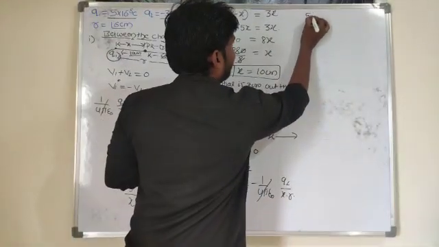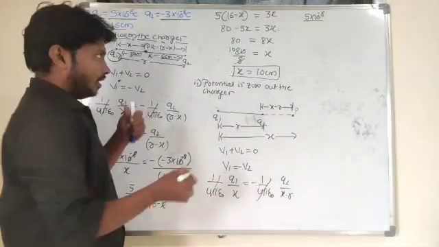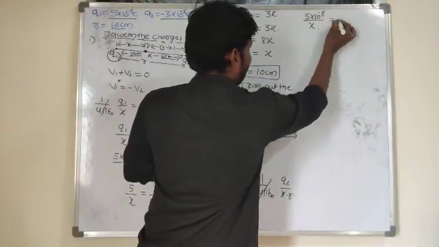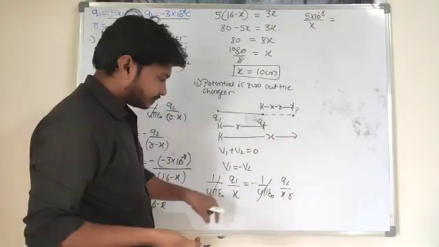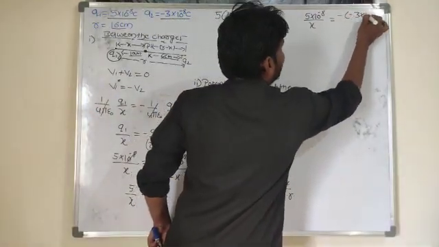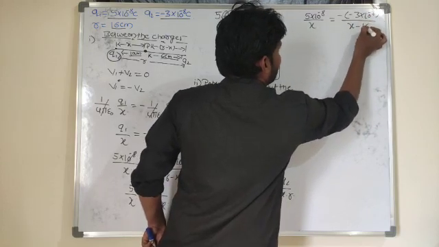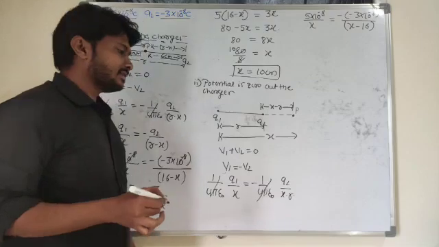Again the q1 value is 5 into 10 to the power of minus 8, divided by x, equal to minus 3 into 10 to the power of minus 8, divided by x minus r, where r is 16 centimeter.